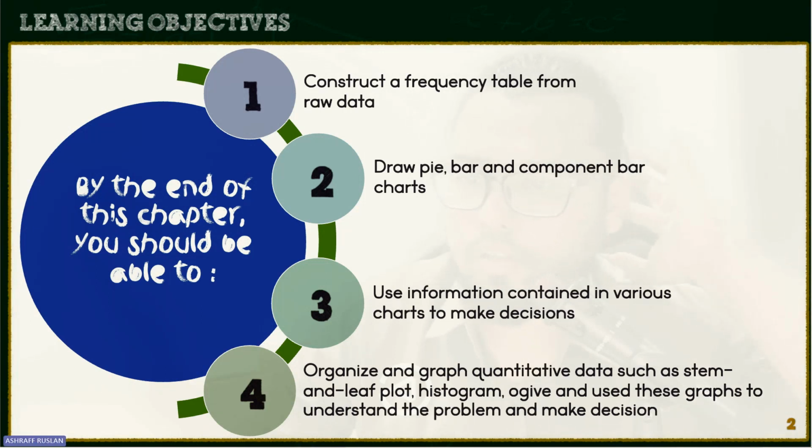Use information contained in various charts to make decisions, and not forget to organize and graph quantitative data such as stem and leaf plot, histogram or ogive. Those are for continuous data, to understand the problem and make decisions.